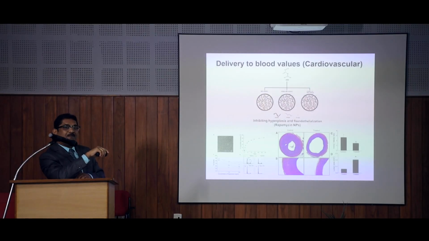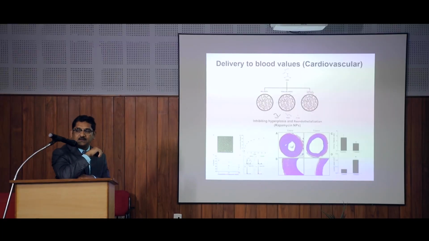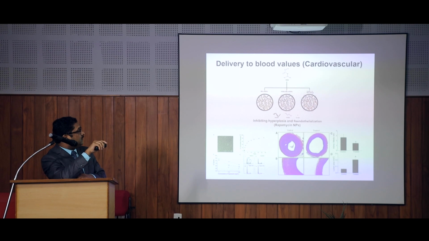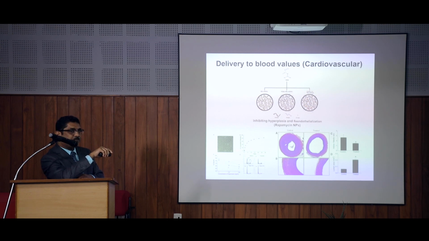So you do the surgery so that they will be opened, but because of more proliferative activity at those areas, the smooth muscle cells regrow. So what we did, after this balloon injury surgery, we used a nanogel formulation that contained rapamycin, so that the place stays open where the blood can flow easily to the heart.